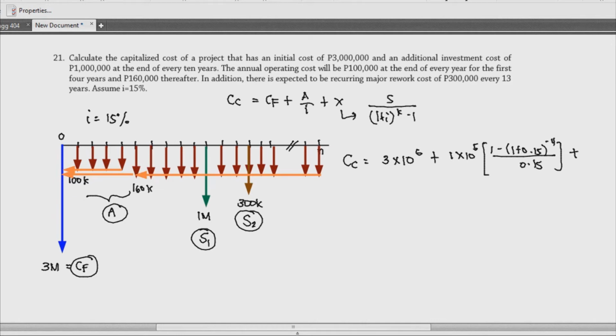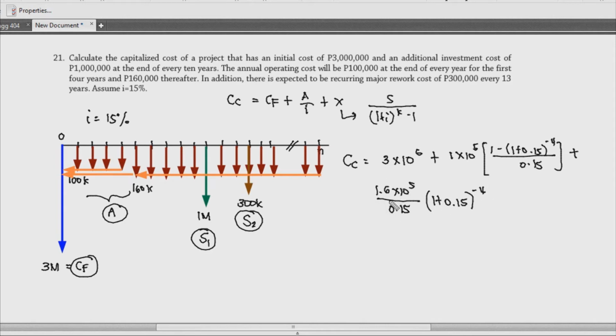So with that, kung mapansin yung dalawang arrow niyan, it signifies na pag nakuha mo yung present worth dun sa 160, so that is 1.6 times 10 to the 5th. Then you divide this by the interest because this is already a perpetuity starting from the 5th year, diba? Pero you have to take this back dun sa hindi pa 160. So that is 4 years. Kaya meron itong 1 plus 0.15 raised to negative 4.